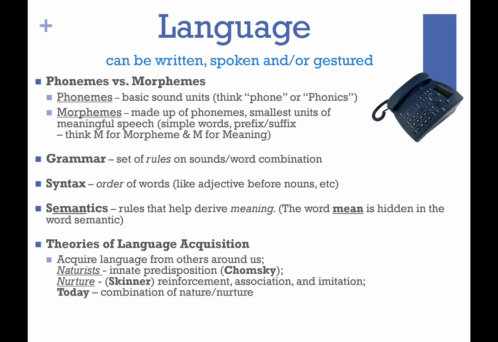Skinner believed that the reason why people develop verbal language is because they were trained with reinforcement. In other words, a child learns the word cookie because when they successfully tell their parents, I want a cookie, then they're rewarded by getting the cookie. So they're motivated to learn what things are by reinforcement.